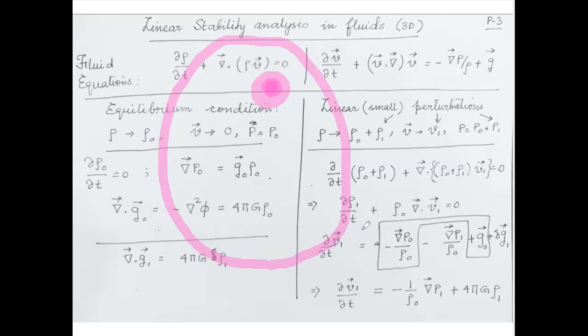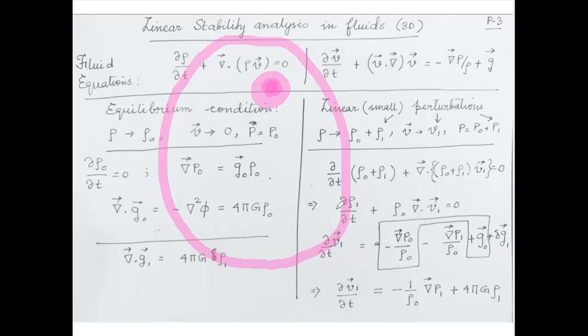So out of the density equation, I get this. If I do the same exercise with the Euler equation, I will get that. And whatever I have written inside this closed region is nothing but what I have over here. It's exactly the same thing. So that means that this term also goes away. What I'm left with is this equation.